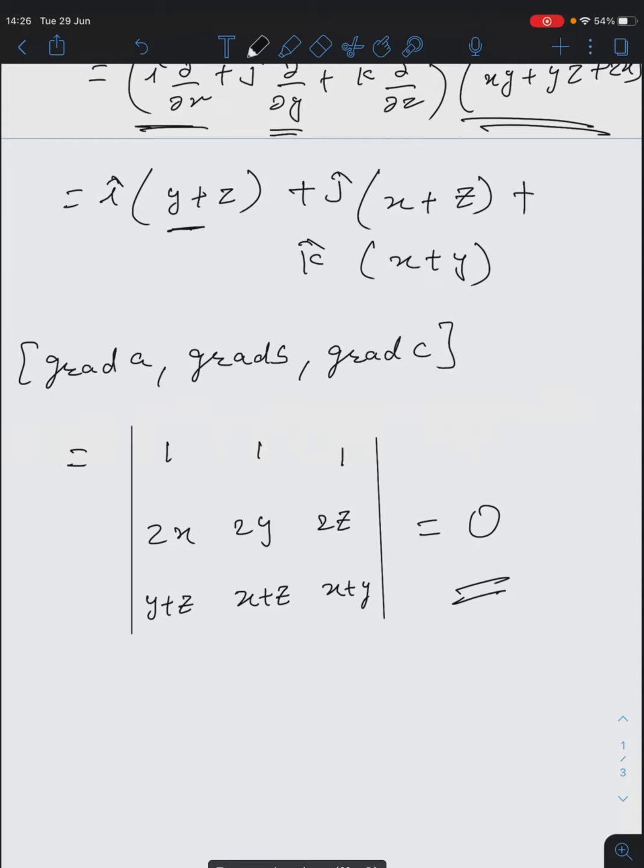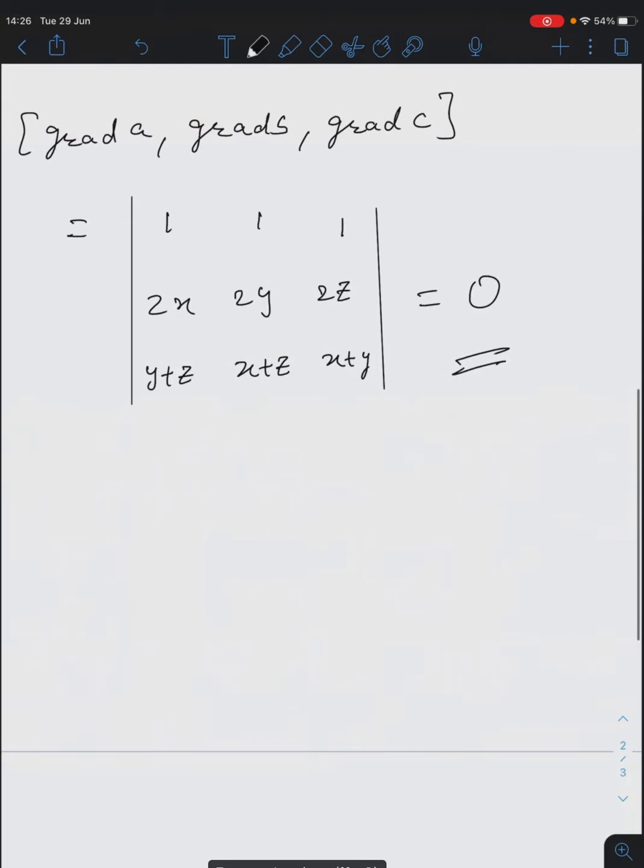Now let us see the problems related to directional derivative and all. So you need to find the directional derivative of some given scalar function in the direction of some given vector at a point. Okay.